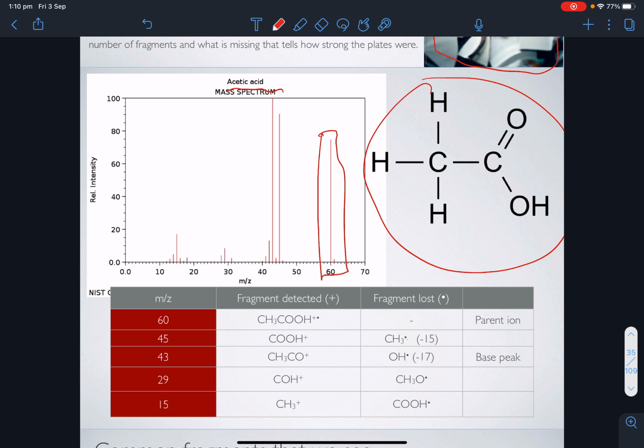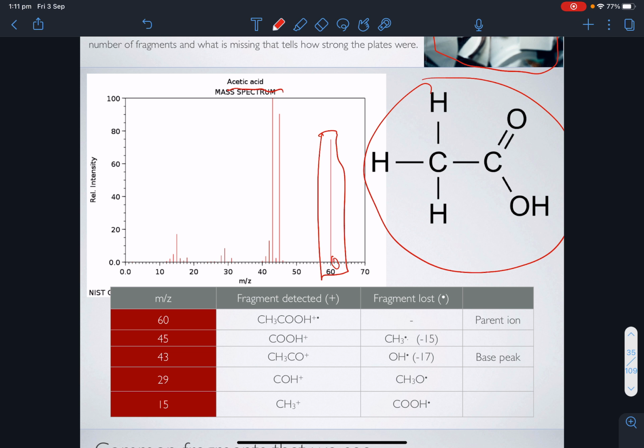So what's good about a mass spectrum is we start detecting isotopes. I'm calling 60 our parent peak, and I know it's a bit dodgy because there's one higher than that, but this 61 is due to some heavy isotopes in our sample, okay?